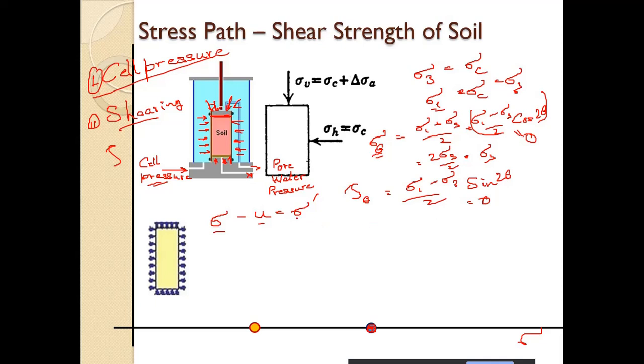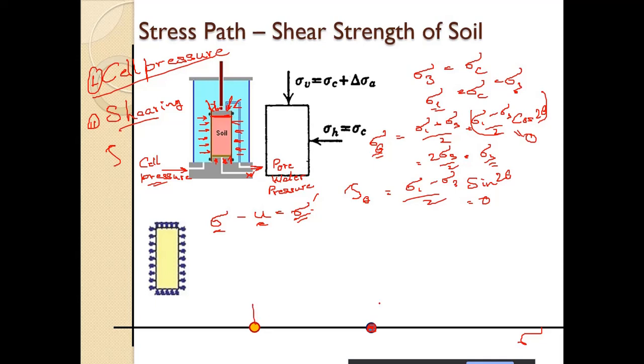Alright. So what is effective? Sigma dash is equal to total stress, which is sigma 3, or sigma c, the applied cell pressure, minus the pore water pressure, whatever we are measuring. So that is the effective stress.